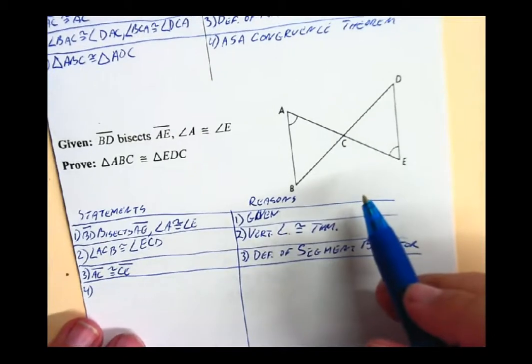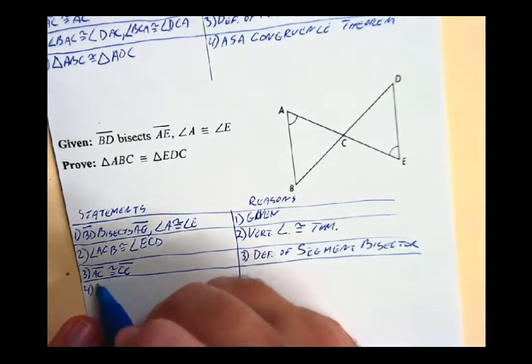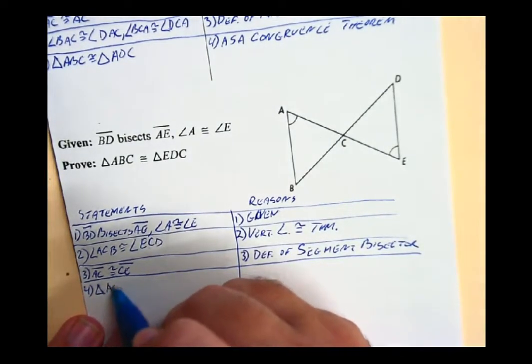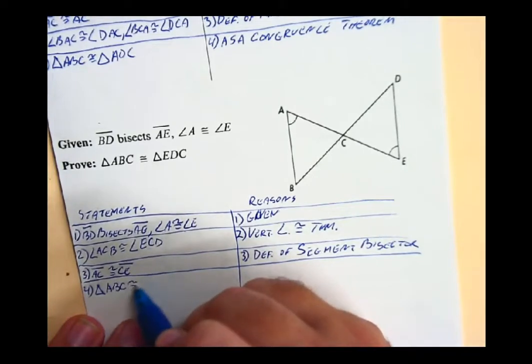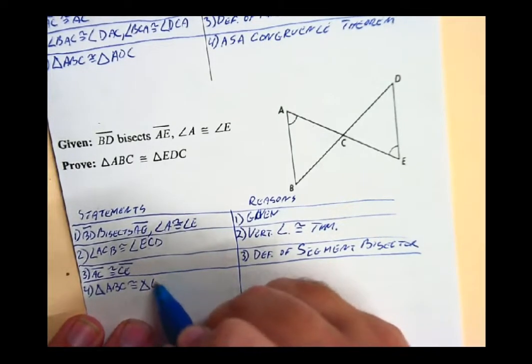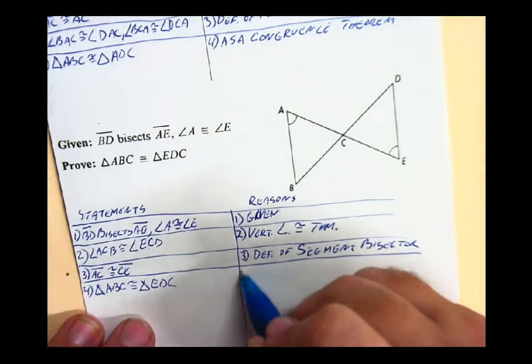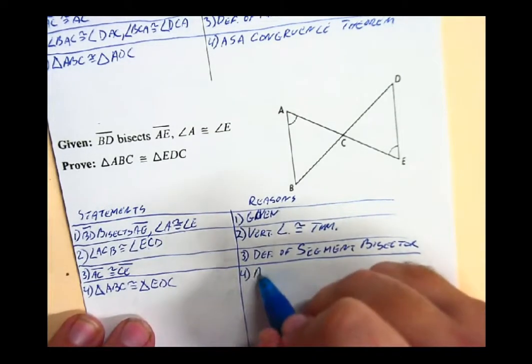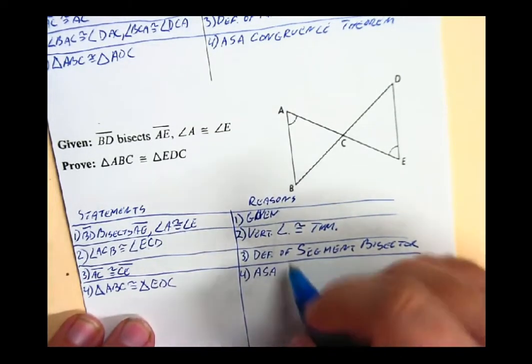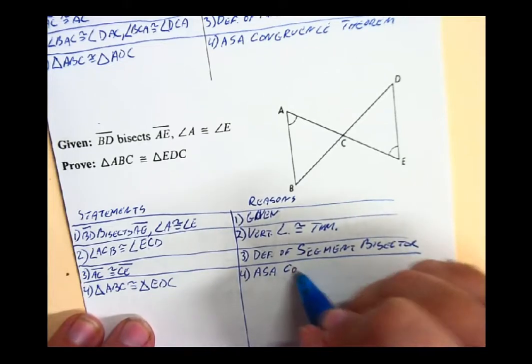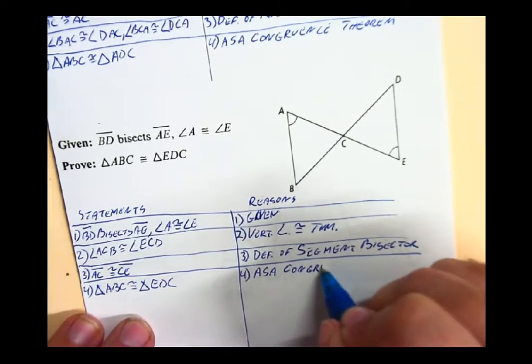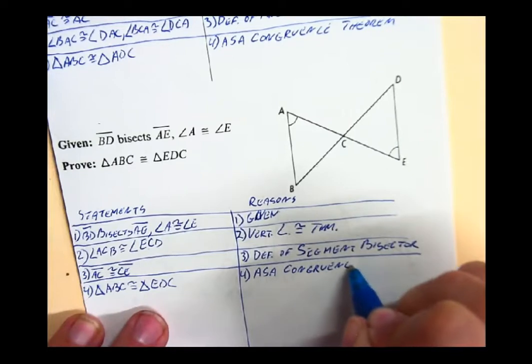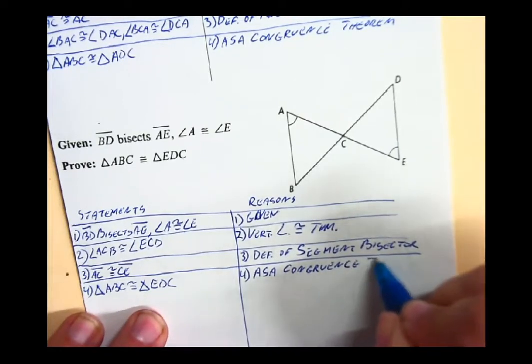We can say our triangles are congruent. Triangle ABC is congruent to triangle EDC. Why? Because of ASA congruence theorem.